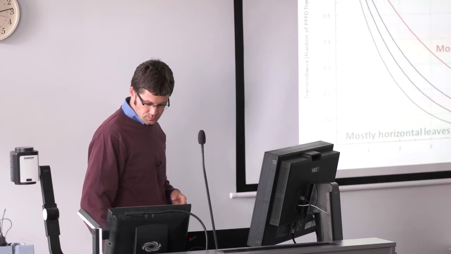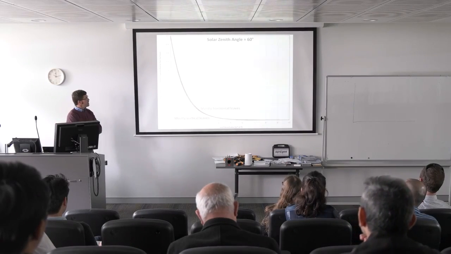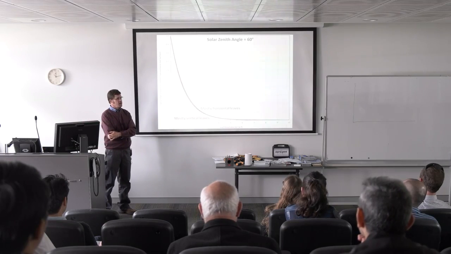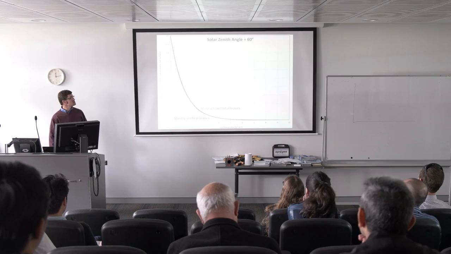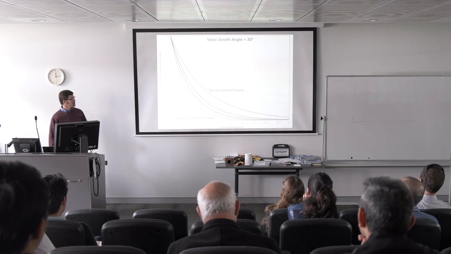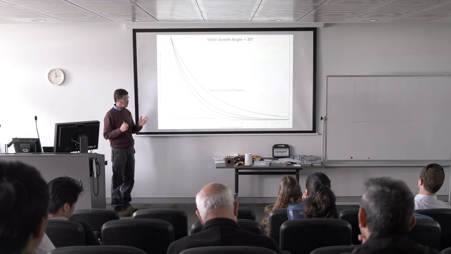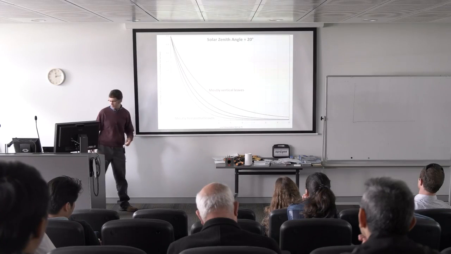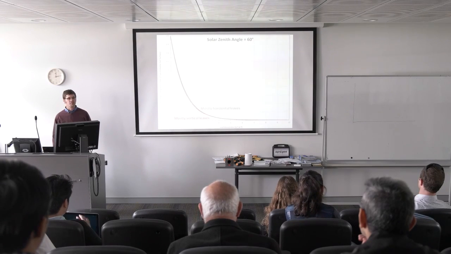And so there's what the data look like now at a solar zenith angle of 60 degrees. I'll toggle back once just so you can see. It also shows you that not only does leaf area and the position or the orientation of the leaves have a big influence on transmittance, but so does the position of the sun.